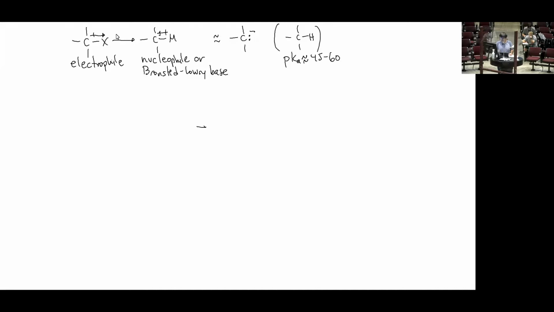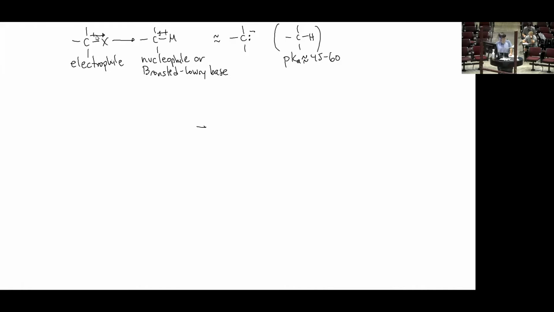But if we can somehow, by some wizardry, convert this carbon-halogen bond to a carbon-metal bond, then what's going to happen? We understand also that metals are all going to be less electronegative than carbon. Metals love to give up electron density, right? The way you know that is they like to form cations if they can, right? +1, +2, whatever. And so when we actually have a bond between a carbon and a metal that even has some covalent character, on which more in a moment, then we would expect the metal would be dumping electron density onto the carbon.